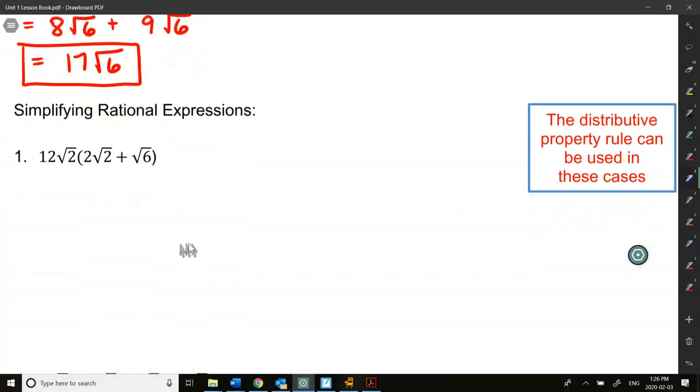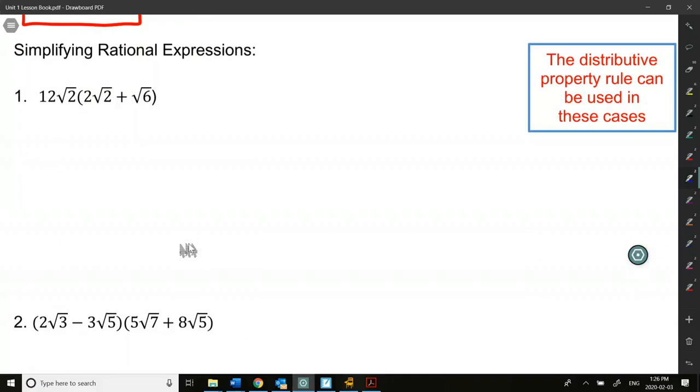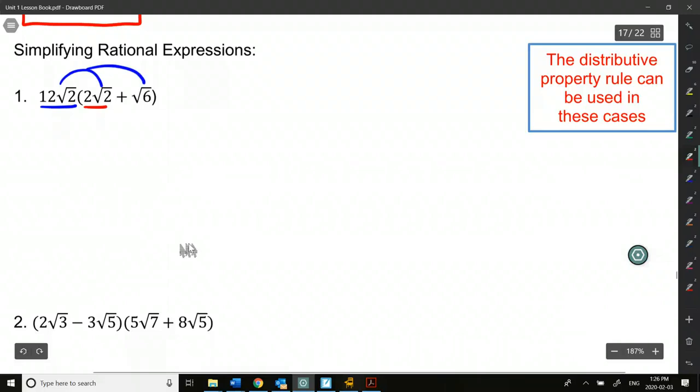Thank you. Okay, so this root out here, 12 root 2, needs to be multiplied by both things inside here. So essentially, yeah, we're doing FOIL, but this one's not two binomials. We're going to do 12 root 2 times 2 root 2.